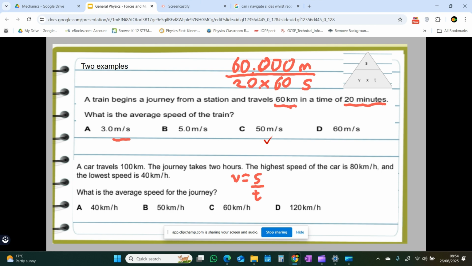So if we put in those numbers, it was 100 kilometers divided by 2 hours. So obviously we'll be left with 50 kilometers per hour.